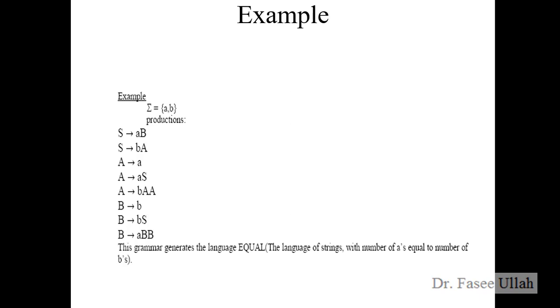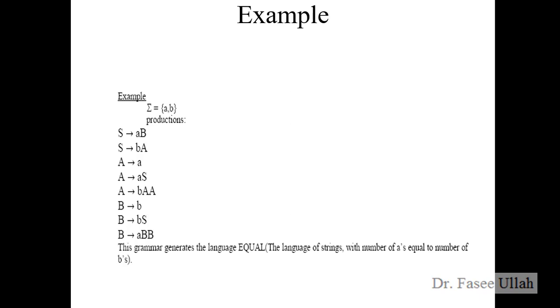So we have certain production rules or conditions given for the following input values, that is a and b. S is equal to AB, S is equal to BA, A is equal to small a, capital A is equal to A small a, then we have A is equal to small b a a, then B is equal to small b, B is equal to b S, and B is equal to small a b b.